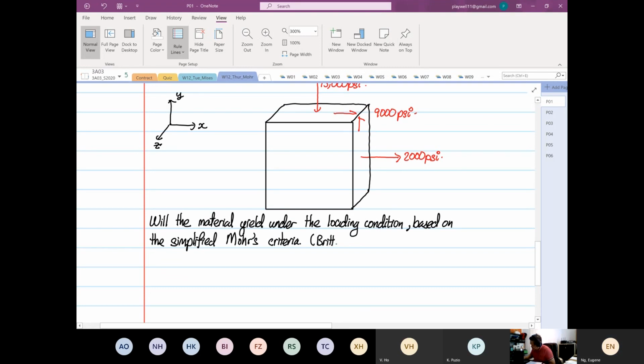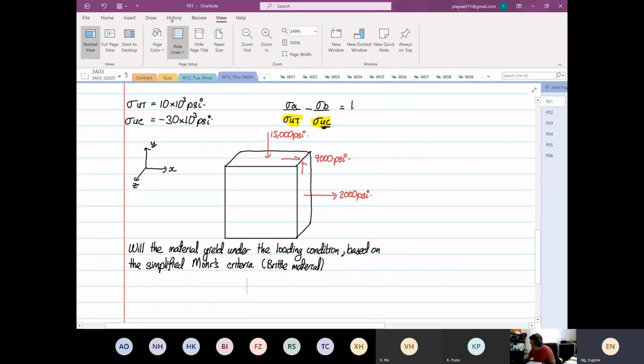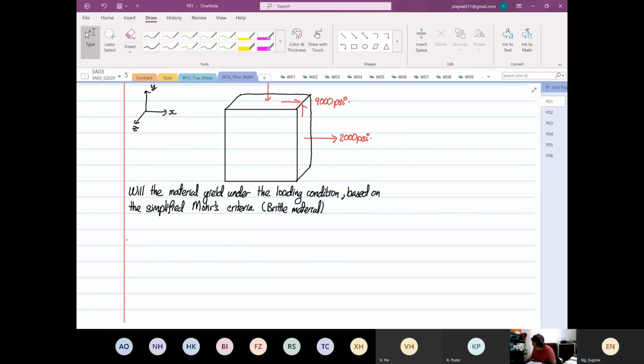Now in order to use Mohr's criteria, we have to identify our principal stress A and our principal stress B, and then check if the result is less than 1 or greater than 1.